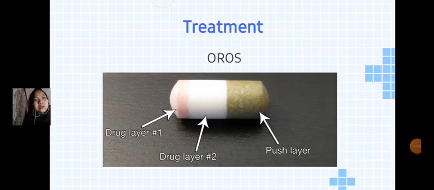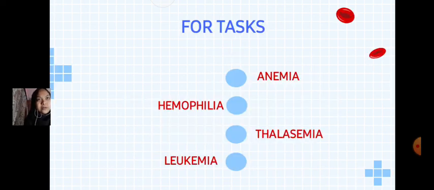Next time I will give you tasks. You have talked about two blood disorders in the circulatory system, but there are four others. So you must make a poster. Choose one of the four, one group, one poster, one topic.